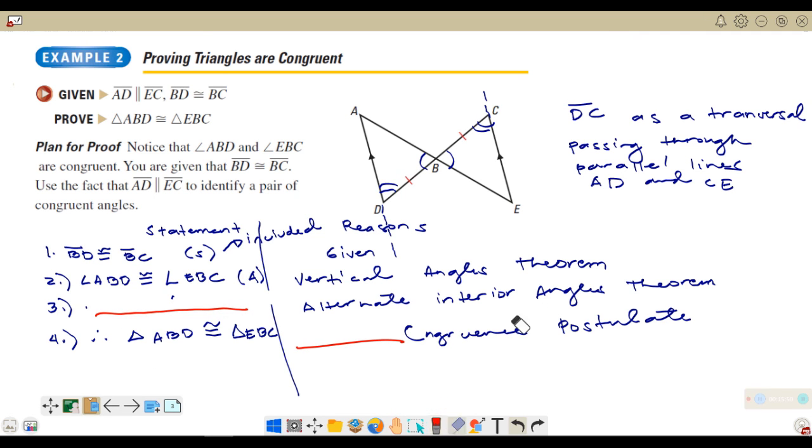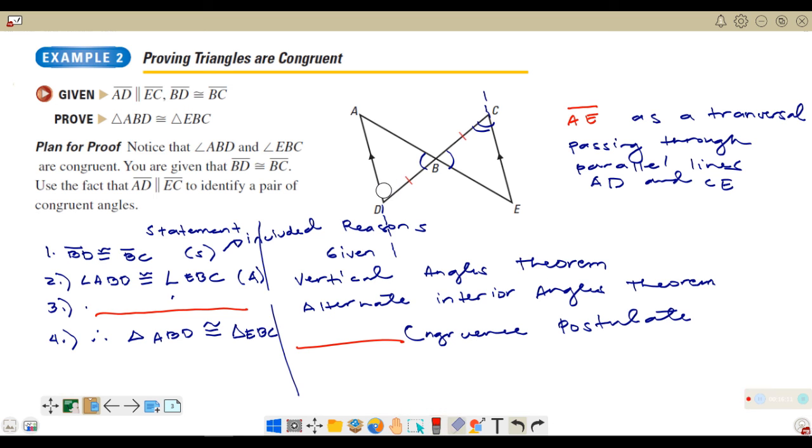So, instead of considering DC as a transversal, you can also consider segment AE as a transversal passing through parallel lines AD and CE.